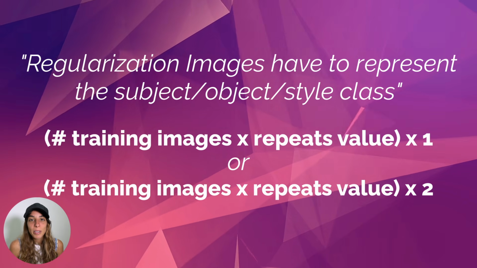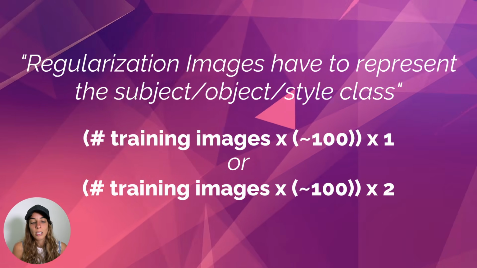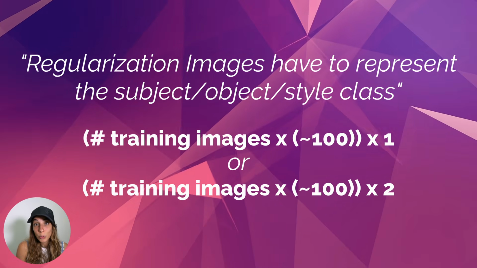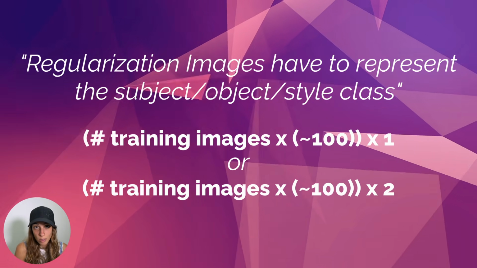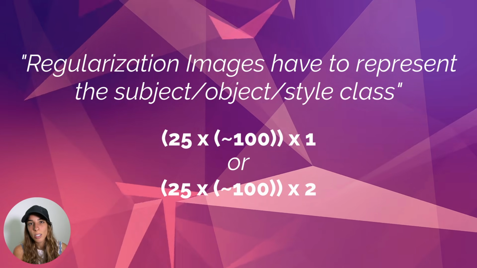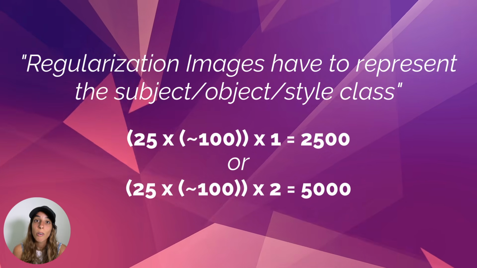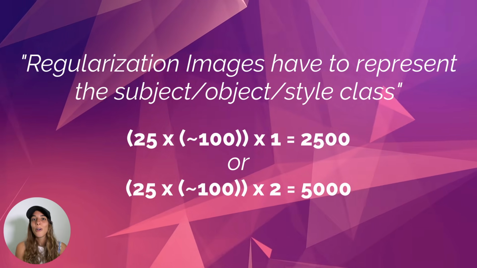And in my experience, this should be around 100. So it means that each image gets put into the VRAM 100 times. So if you have 25 images and 100 repeats, it means you need to have at least 2,500 regularization images.